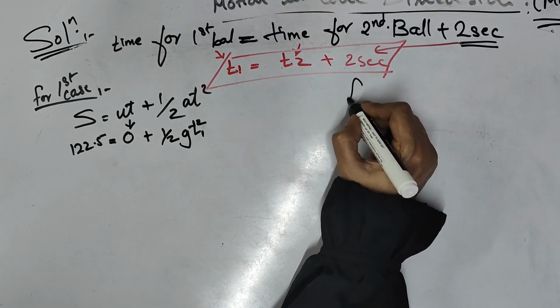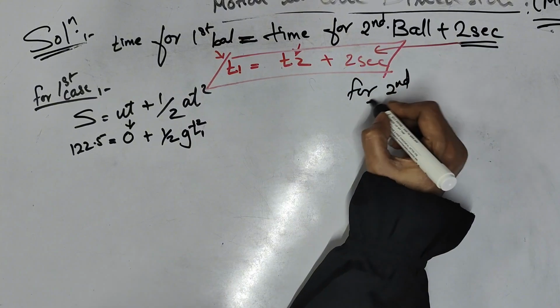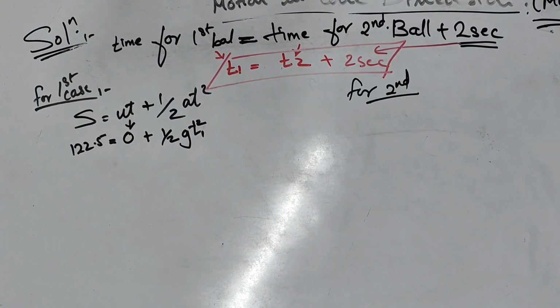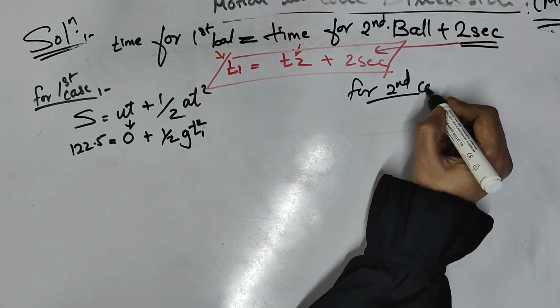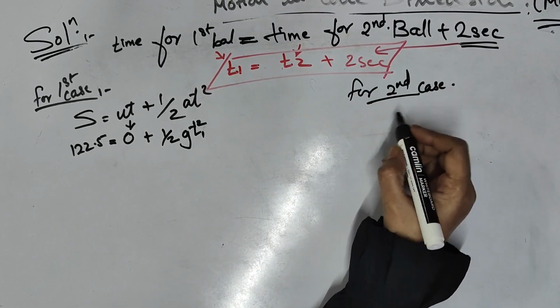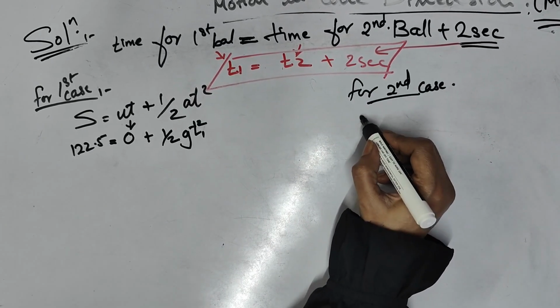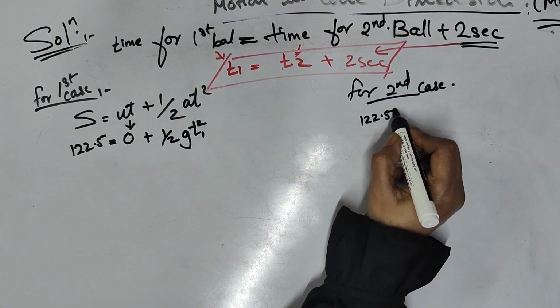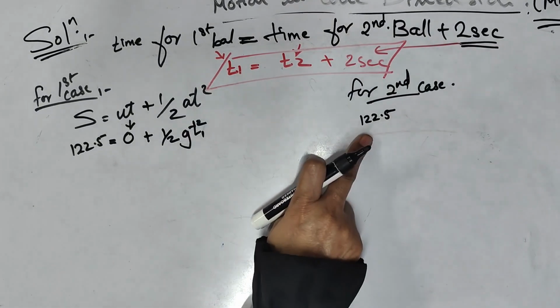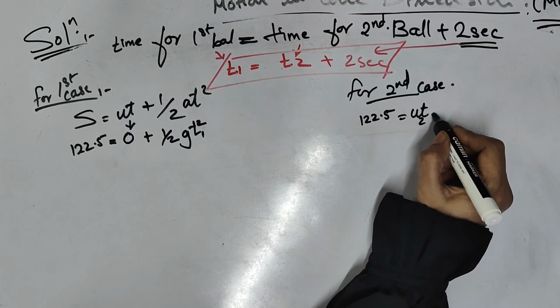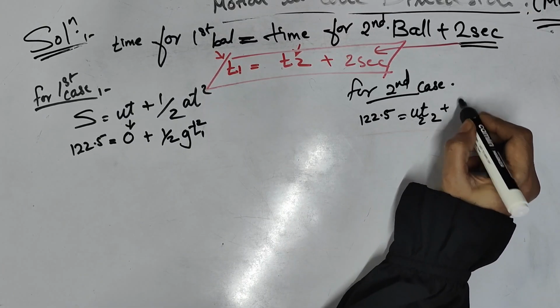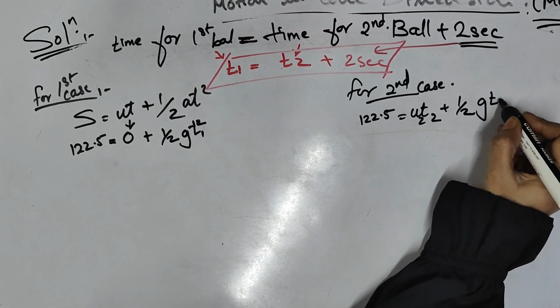And for second case, it is 122.5 because height is same for both the balls, is equal to u2 t2 plus half g t2 square.